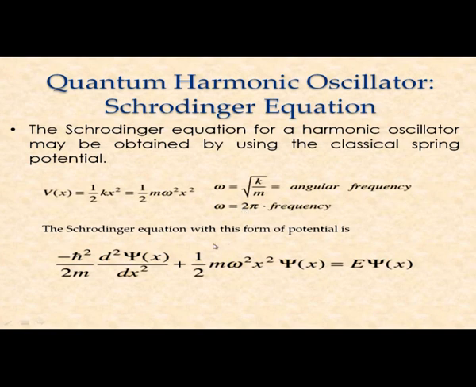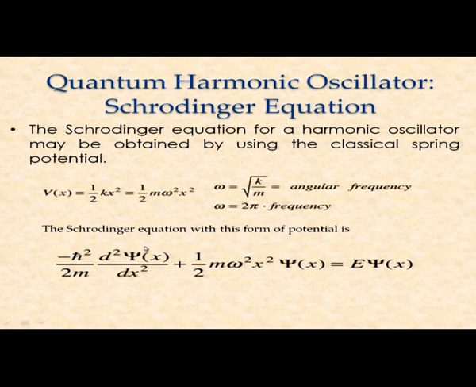Now, Schrödinger equation with this form of potential, this is the potential. So, Schrödinger equation is this one, minus h cross square by 2m d square psi of x by dx square, where psi of x is the wave function used to represent an electron which is in motion.